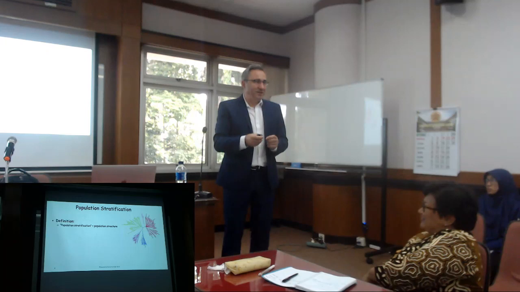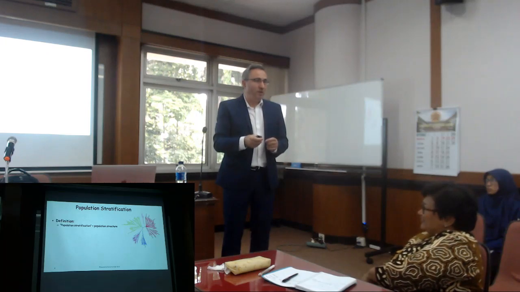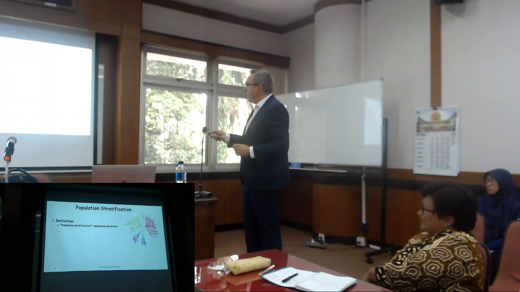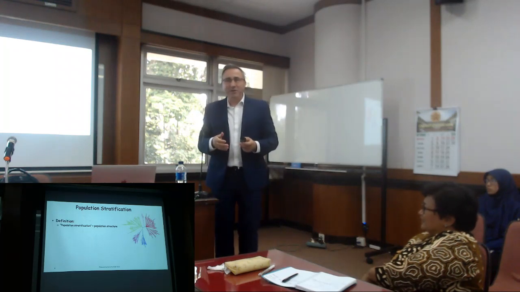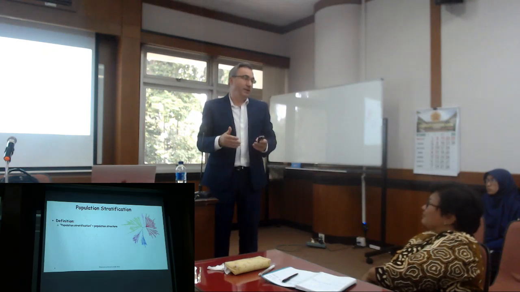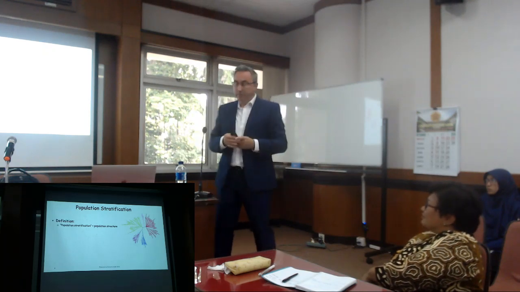Your genetics is already determined by where you come from, and this is not good, because that means that all these individuals are the same. So the number of informative markers that we use is very low. That is a problem in humans and other studies.